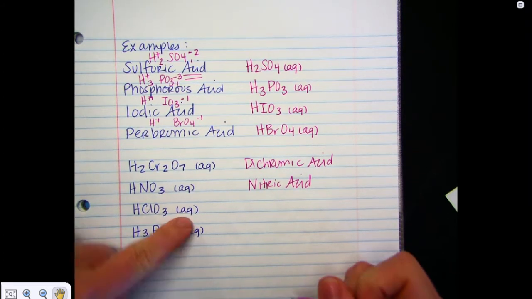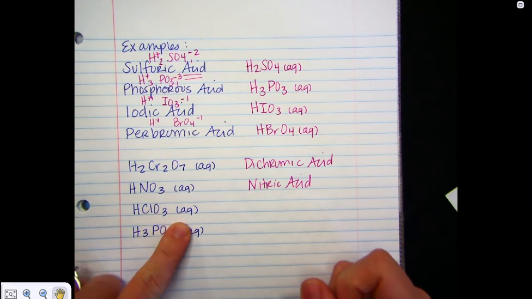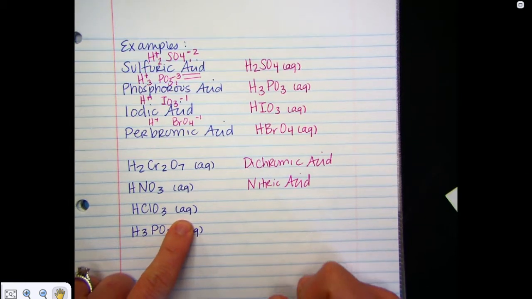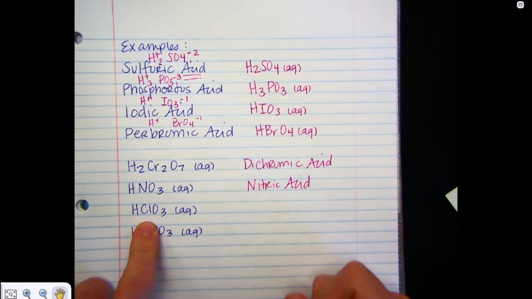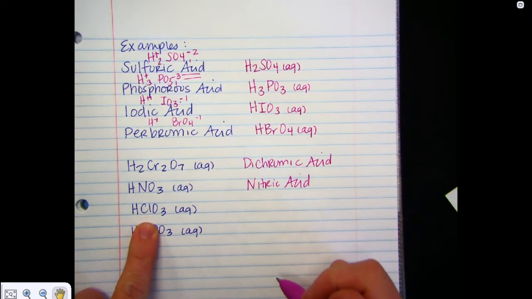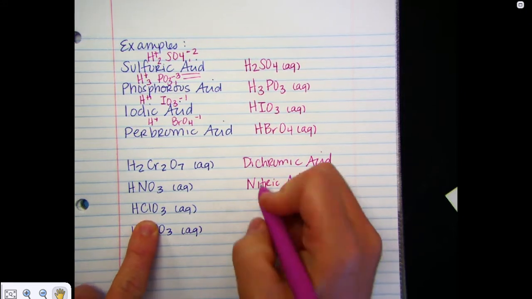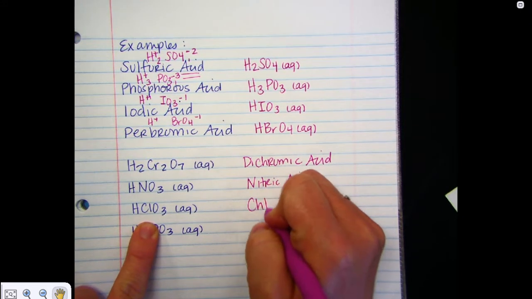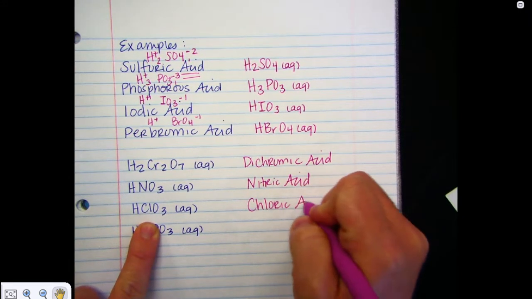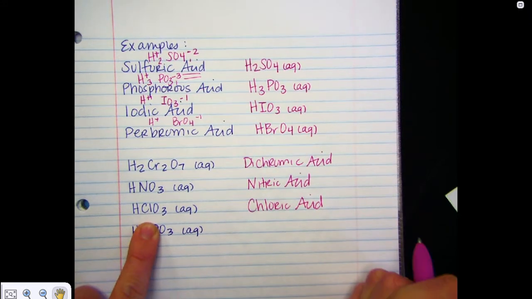Presence of our AQ once again tells me, oh, that's right, this is an acid. ClO3 is my polyatomic chlorate. So when I'm looking at chlorate, ate changes to ic, so this is chloric acid. Okay.